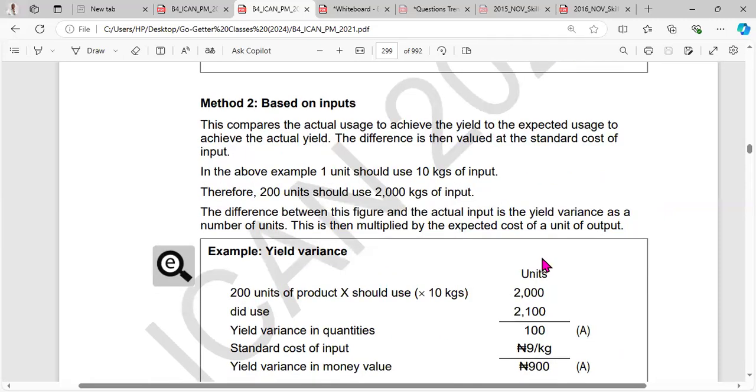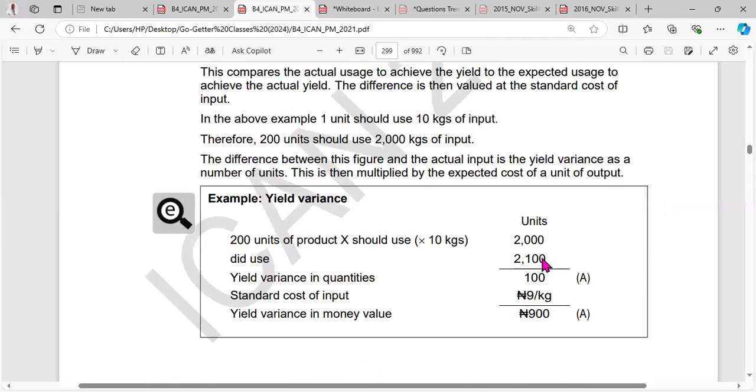In method two, we are looking at the individual inputs. We are saying that we did 200 units, and if we are supposed to do 10 kg per unit, if we did 200 units, we should have used 2,000 kg. How many did we use? 2,100 kg.